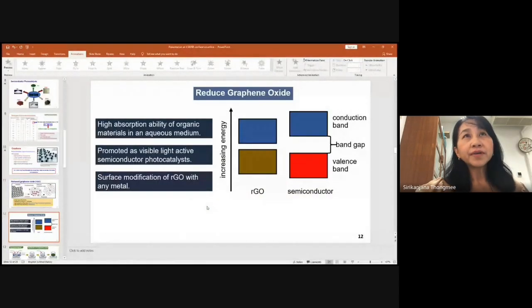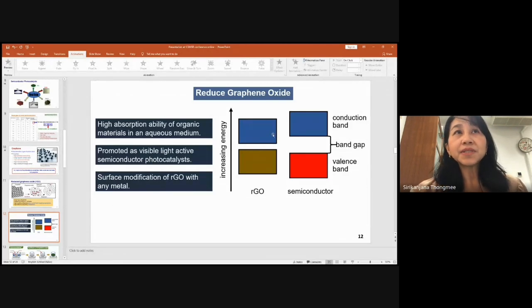The purpose of reduced graphene oxide is that it has high absorption ability for organic material in an aqueous medium, and promotes visible light active semiconductor photocatalysts, through surface modification of RGO with metals.